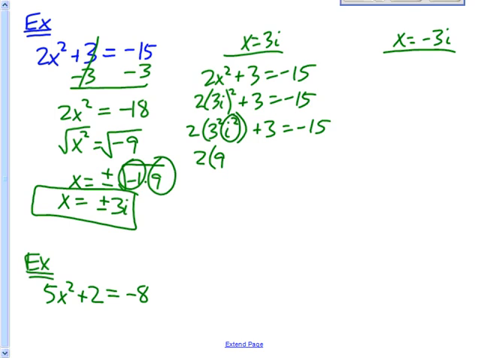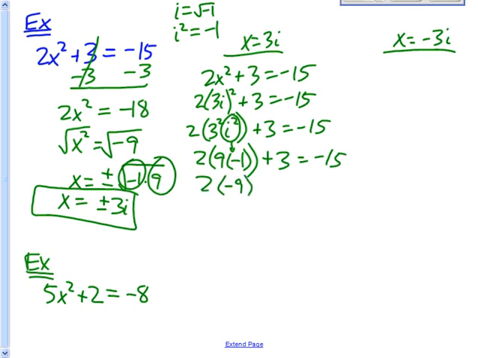If you remember, i was the square root of negative 1. i squared should be replaced with negative 1, because if I square that, I undo it. So i squared is replaced with negative 1. So times negative 1 there. So I got 2 times 9 times negative 1, negative 18. Negative 18 plus 3 really is negative 15. Look at that. It works out. And you could check negative 3i as well.